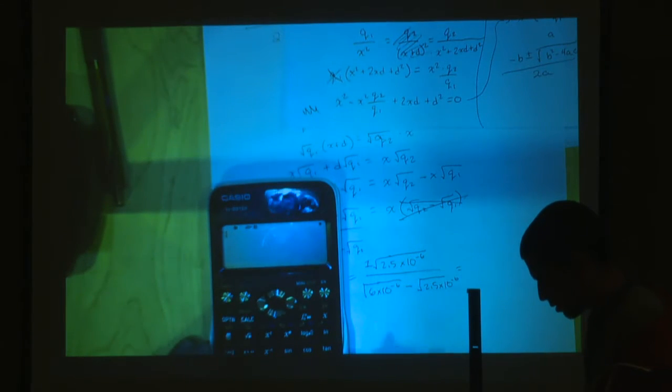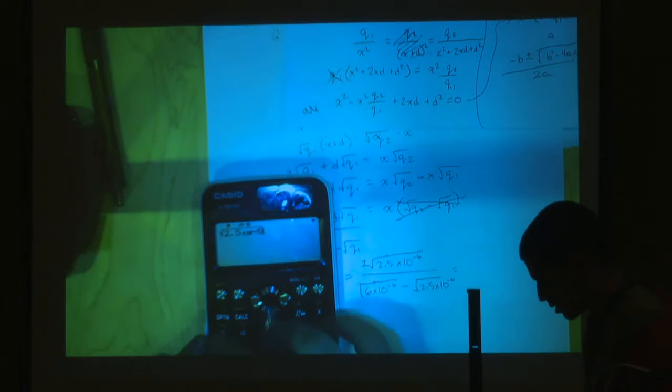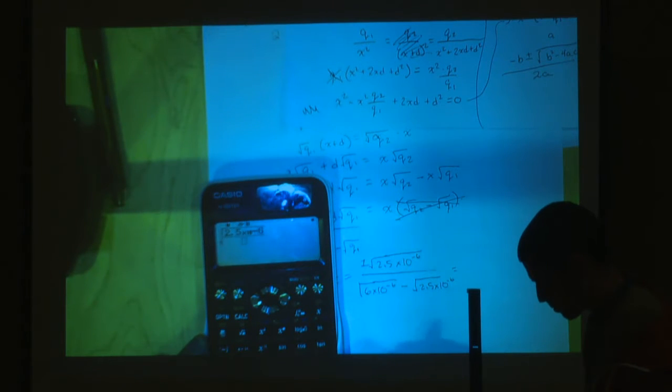We have the square root of 2.5 times 10 to the negative 6 divided by the square root of 6 times 10 to the negative 6 minus the square root of 2.5 times 10 to the negative 6.